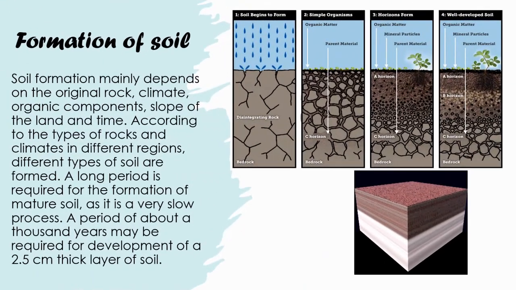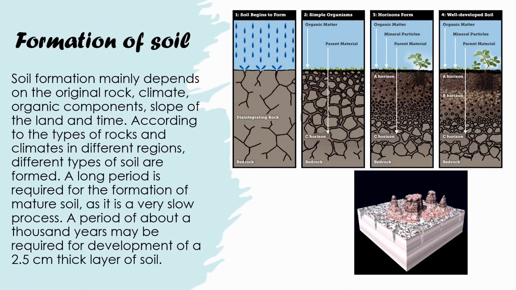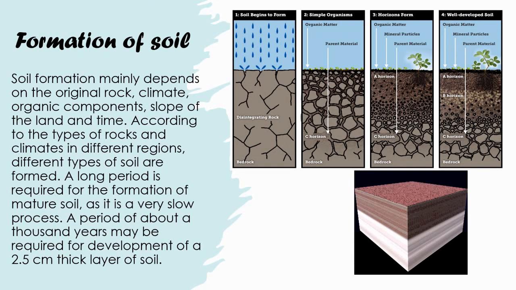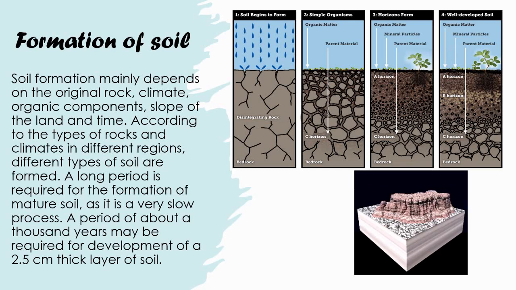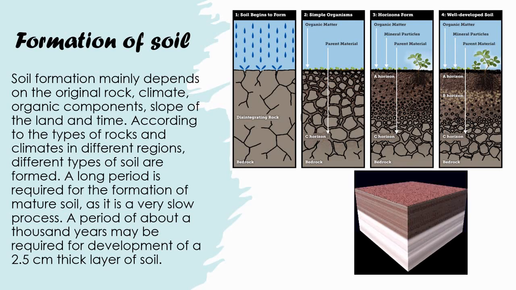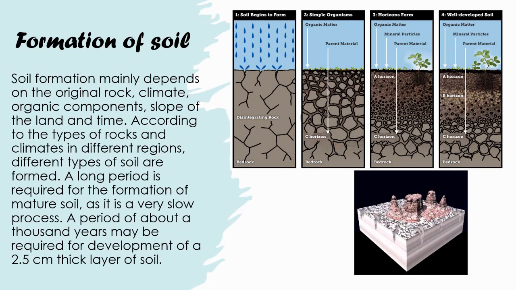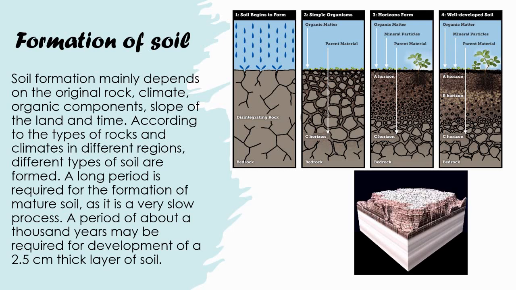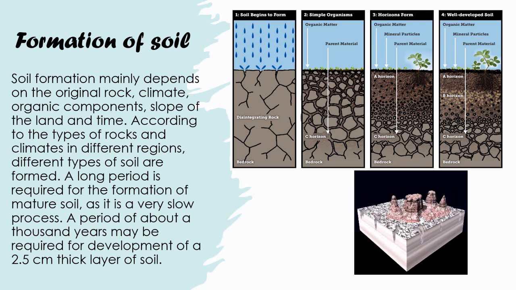Formation of soil. Soil formation mainly depends on the original rock, climate, organic components, slope of the land, and time. According to the types of rocks and climates in different regions, different types of soil are formed. Soil minerals form the basis of soil. They are produced from rocks through the process of weathering and natural erosion.